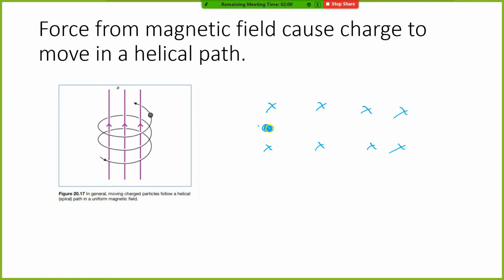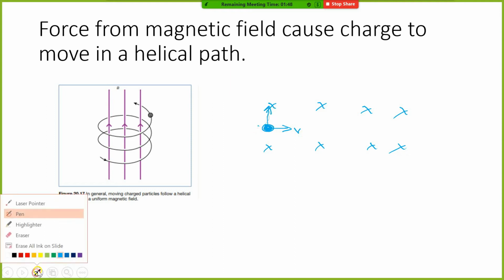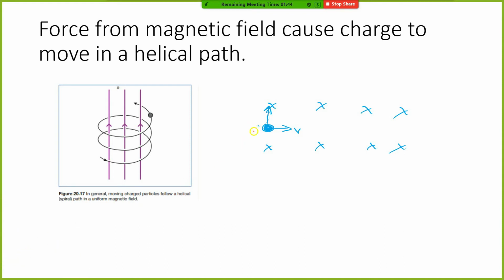Firstly, we know that if the velocity is like this, what we're going to see is that a force will be exerted upwards. But what you would realize, because we said now that the particle is moving in a circular path, is that at some point it's going to turn around like this.